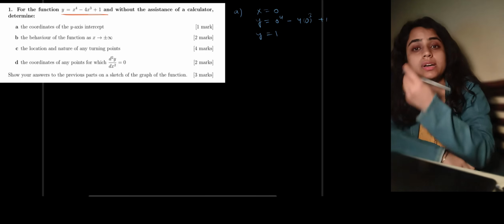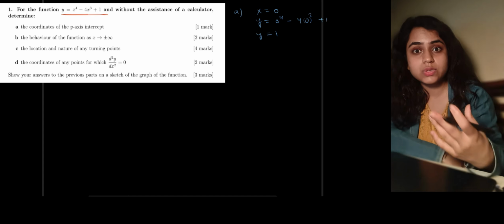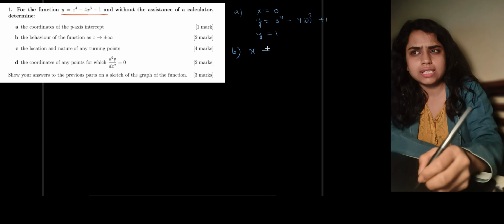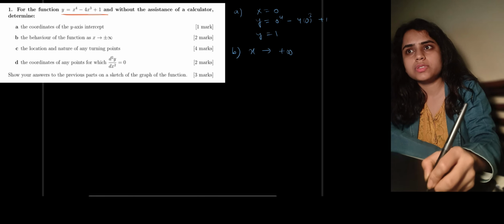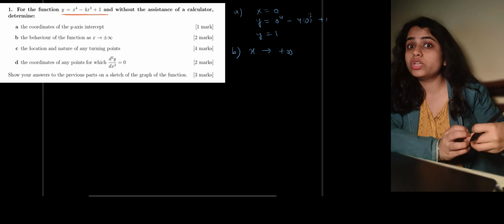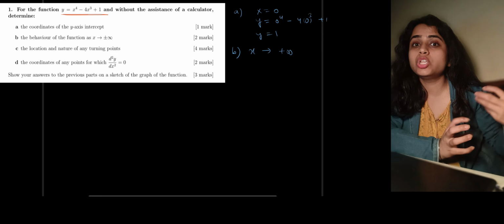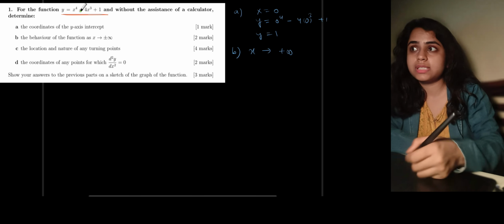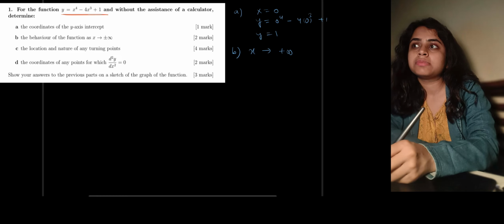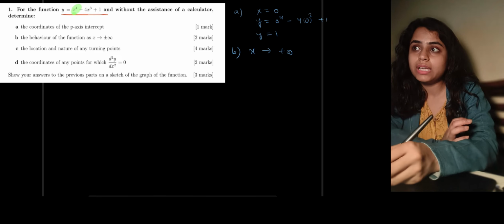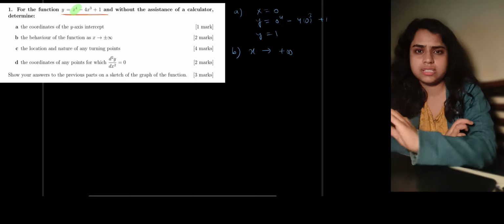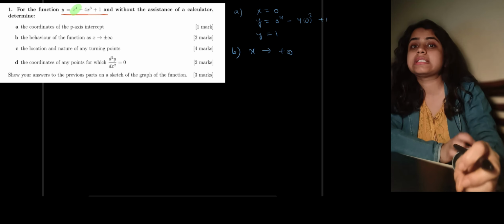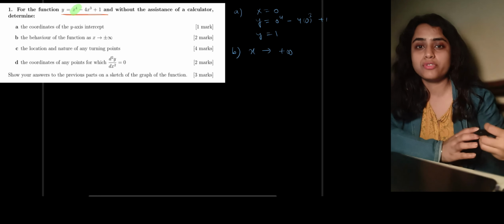Now the behavior as x tends towards positive infinity and negative infinity. For this, as x tends to positive infinity, think that I'm going to sub in a really huge positive number. Its behavior is going to be determined by the highest power of x, which sets the tone of the function.